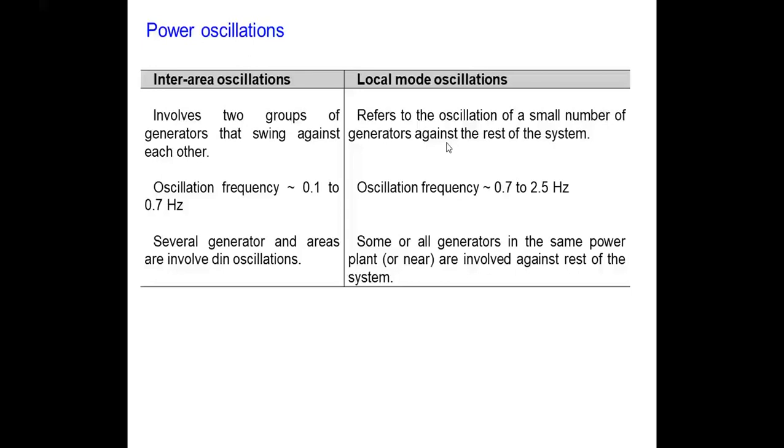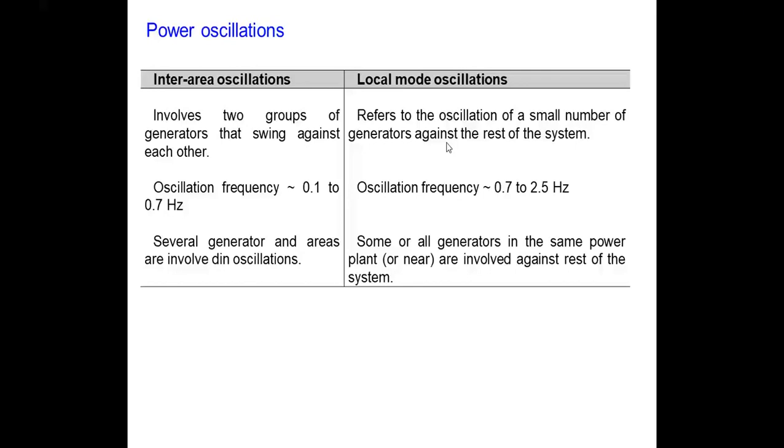So you observe the oscillations in a dominant way only in a few sets of generators. It could be all the generators in one power plant, or it could be one power plant which is located nearby another power plant. So you will have generators in power plant 1 which is closely connected to the generators in another power plant.